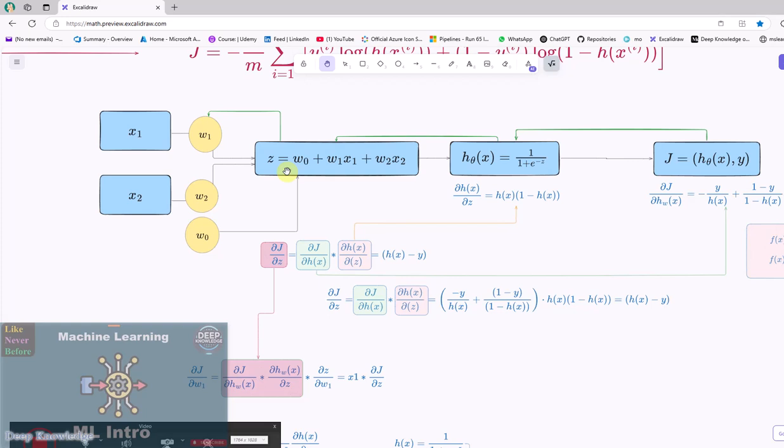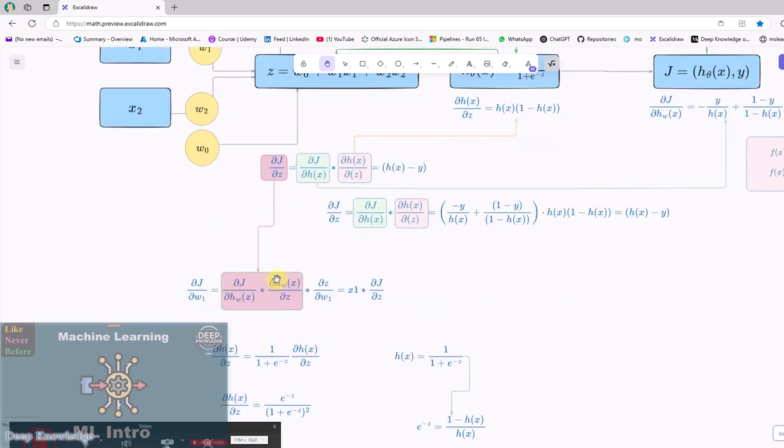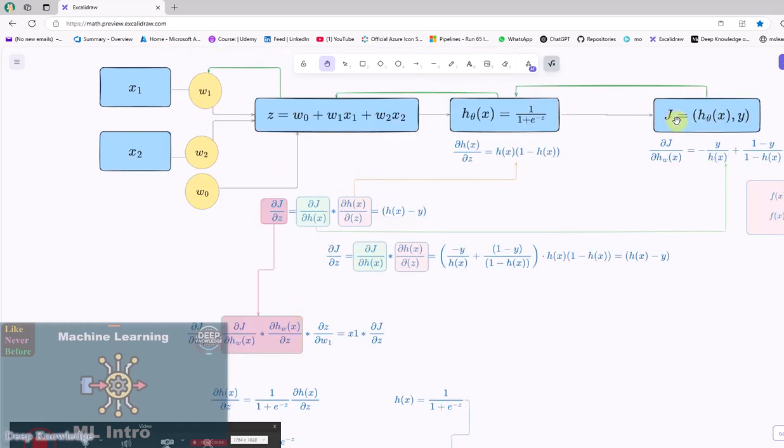Now we will go to w1. W1 will have this term here. I mean the cost with respect to h, then h with respect to z, and then z with respect to w1. And we will have this formula here. It's the output of the previous one. And z, if you see, this is the formula. We need to derive with respect to w1.